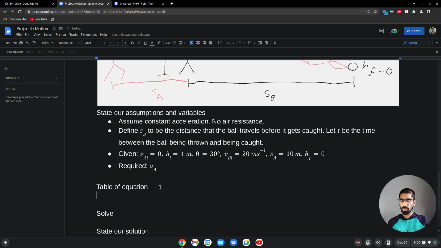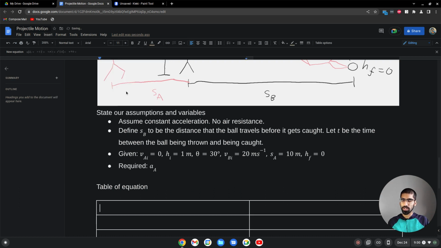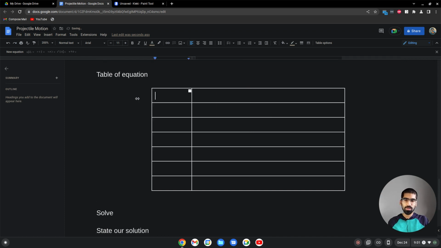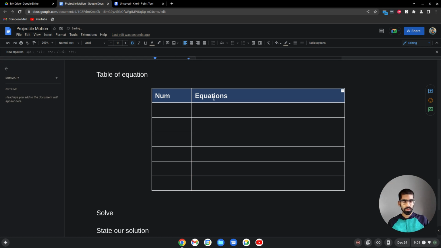Now we're going to start creating a table of equations. This is the last physics part, and then we're done. I'm going to start off with 6 equations for now, and then we can add more if we need. Remember, we're just brainstorming right now. We don't need to find the perfect equations. Just start listing equations, and we'll know when to stop based on how many equations we have versus how many unknowns we have.